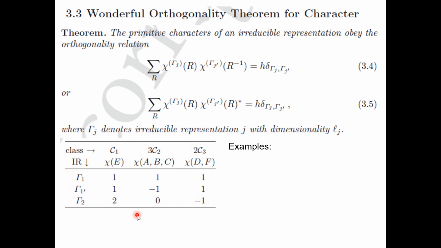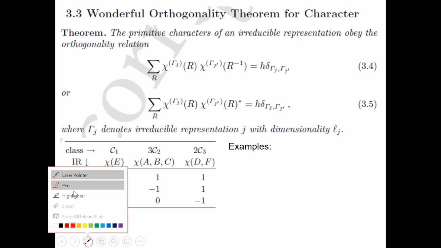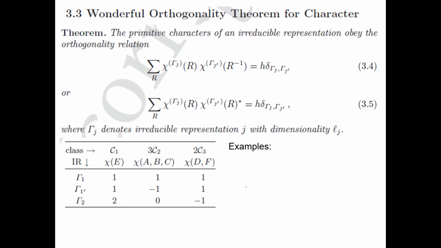So this is the character table again of group P3, and we can, for instance, verify this for gamma 1 and gamma 1 prime.